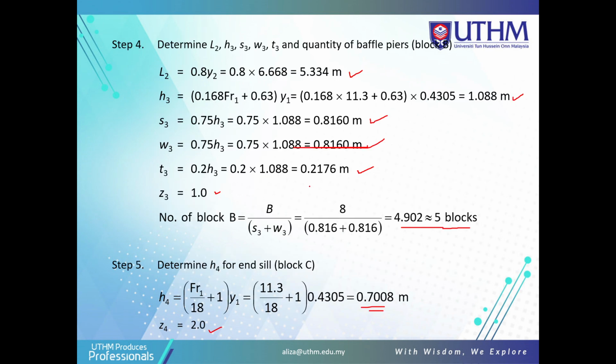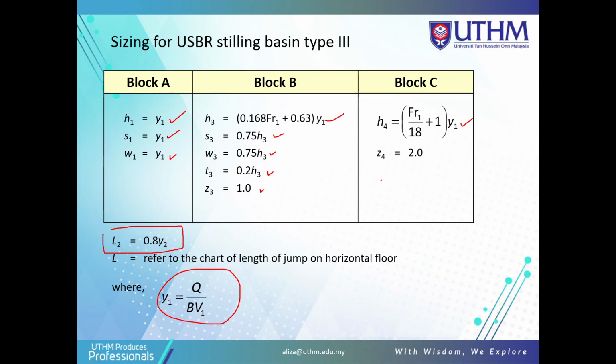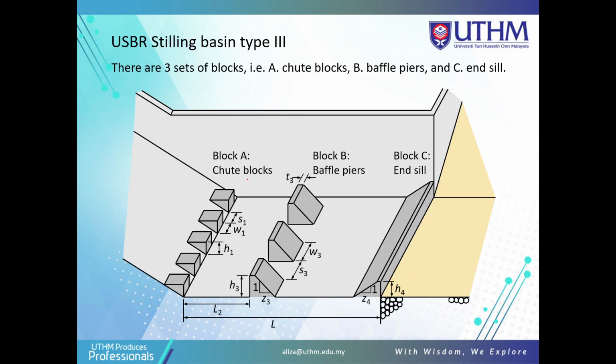After you get these values, if the question asks you to sketch, you must sketch. You must sketch like this one. When you get 5 for block A, you must have block A 1, 2, 3, 4, 5. If in block B you have 3, you must also draw 3 blocks. The answer is just 1.